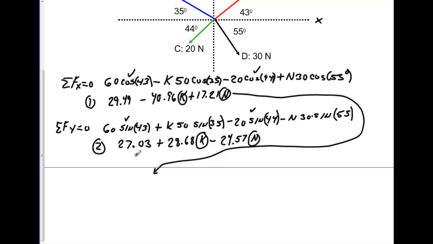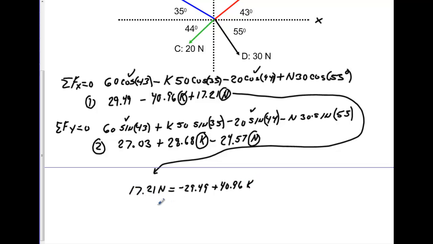So I'm going to move everything to one side except for, let's do n in this case. I'm going to rewrite this as 17.21n is going to equal, and again we know that the summation of these equals 0, so I'll move everything to the other side. That would be minus 29.49 plus 40.96k.